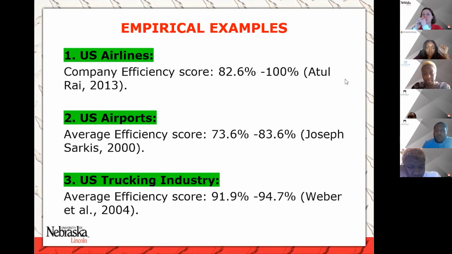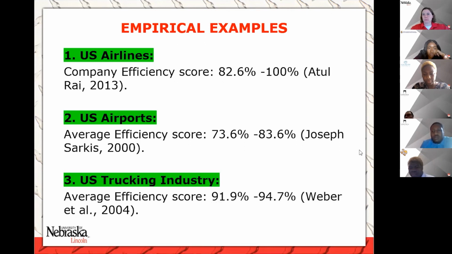And finally, in the US trucking industry, the average efficiency score is between 91.9% and 94.7%, according to a study by Weber et al. in 2004. And of course, as you can see, there is room for improvement. For example, in the trucking industry, the waste is almost 5%.